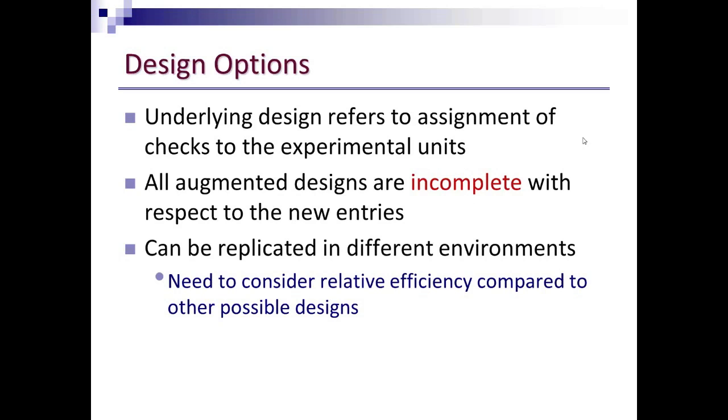It's also possible to replicate these designs in different environments. At that point, once you've committed to doing replication, you may need to consider other options such as lattice designs and compare the relative efficiency compared to those designs, and also consider your particular objectives.